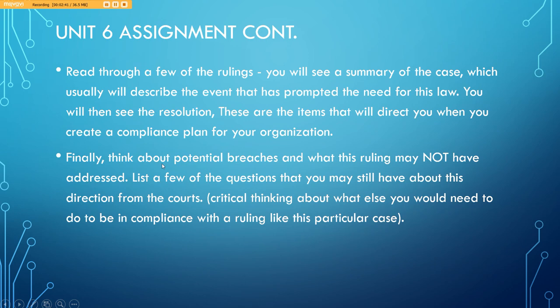This is where you need your critical thinking. This is not going to be something verbatim from the case. This needs to be your own thinking. You don't have to have any references because it's what you think. What breaches do you see that they didn't cover? What questions are still not answered by this particular rule?